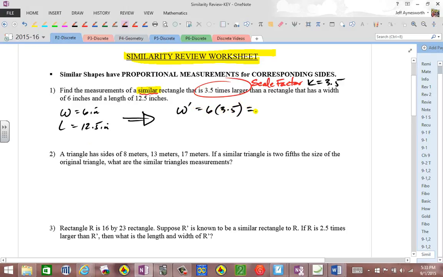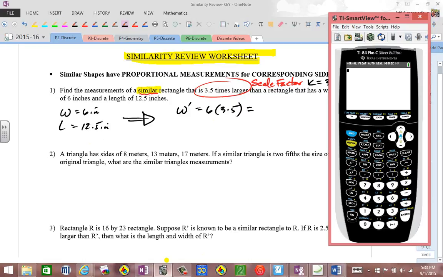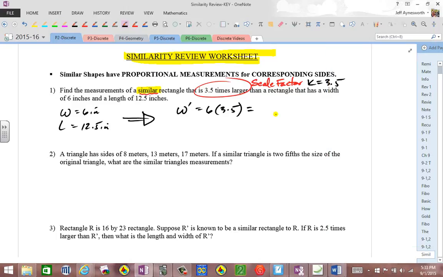And what is that? That's 18 plus 3. That's 21. If you can't do that in your head, no big deal. Go 6 times 3.5, and you'll still get 21. So 21 inches long. We'll call that W prime, the new rectangle that's obviously 3.5 times as big.